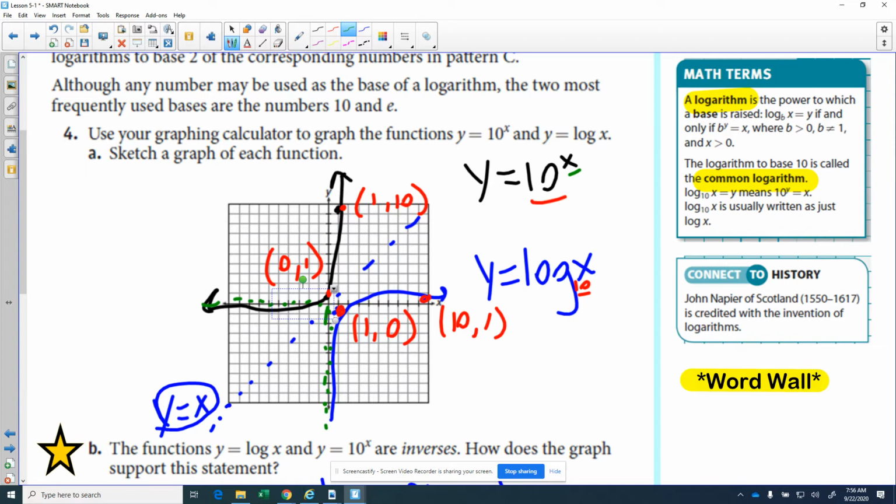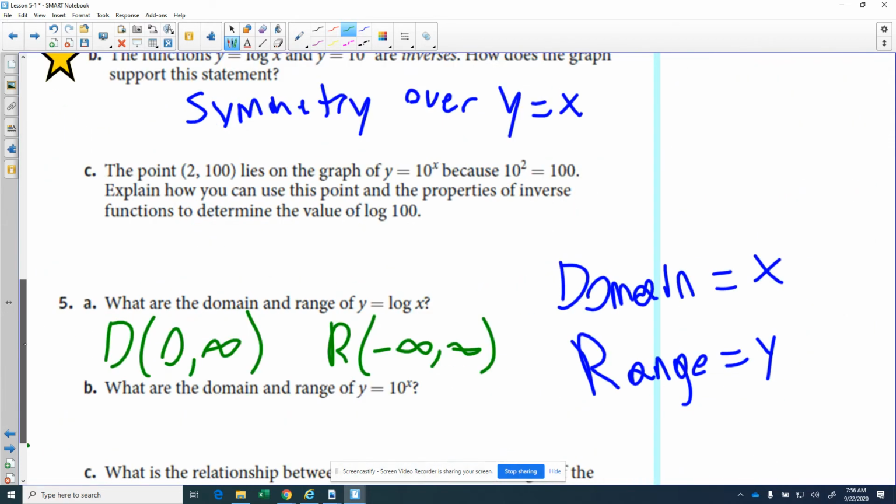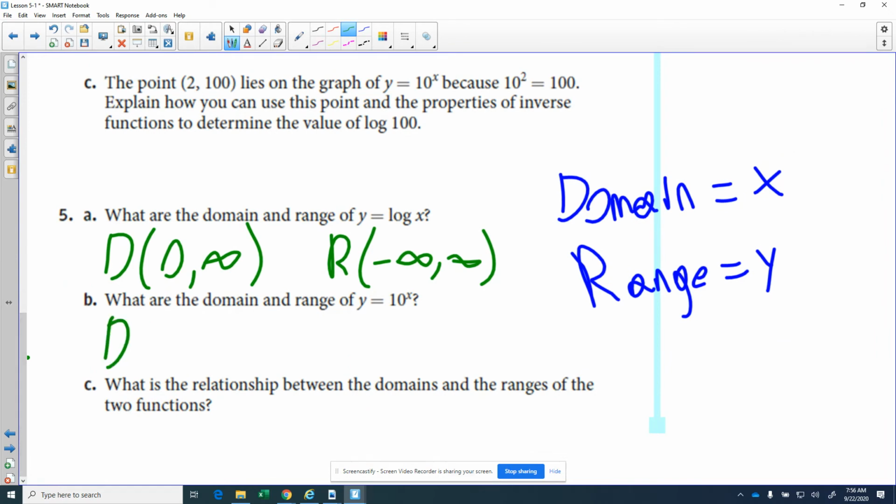So I can never get a negative value out of that graph. So that tells me that while my domain is going to be negative infinity to infinity, my range is restricted to 0 is the lowest value I can try to get to because I'll never actually reach it. But I can still go up to infinity.